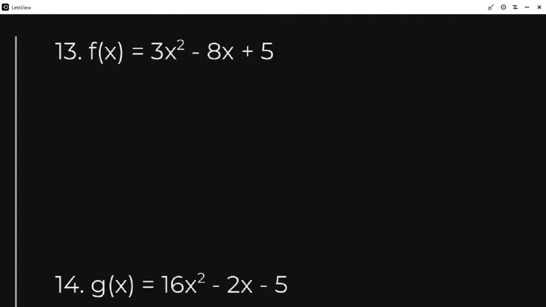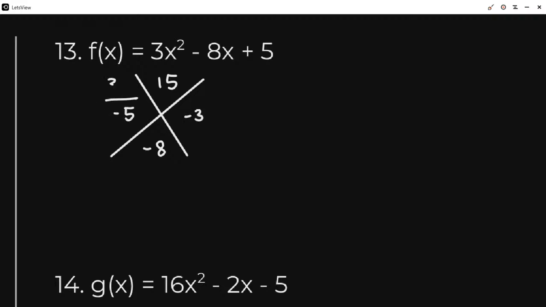Okay, next one, we have f of x equals 3x squared minus 8x plus 5. So first we want to factor. So on the top would be 15, on the bottom is negative 8. We want to find two numbers that multiply to 15 and add to negative 8, so that's negative 5 and negative 3. And on the top we're going to write 3x.